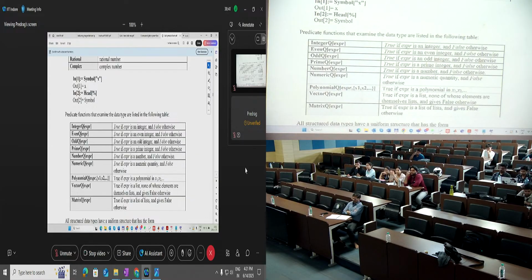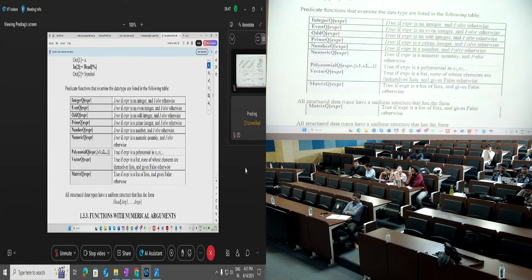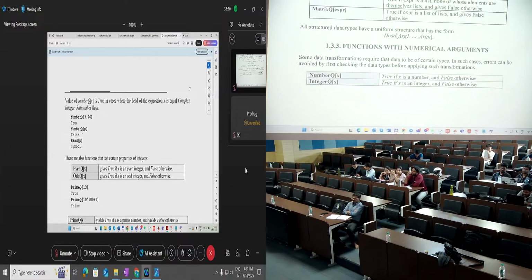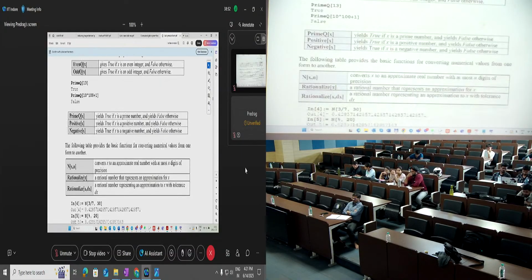Is it a matrix? For example, we can ask the question, is 13 a prime number? The answer is True. Is this number, 10 to the power 100 plus 1, prime? Not.